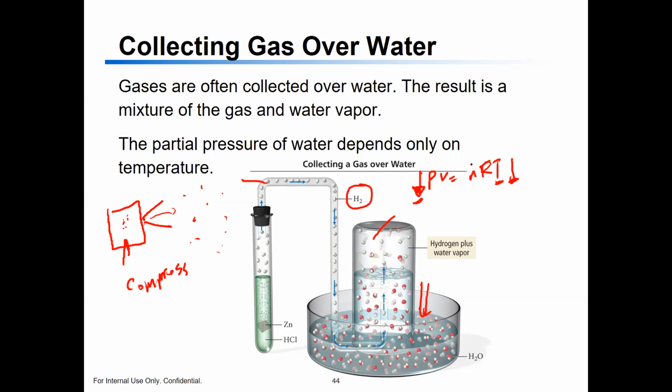Because n is a constant, you have the same number of moles, and R is a constant, so when pressure goes down, temperature is going to go down. So it's going to get cold when it gets released. So that's when you think about things getting cold: when it's compressed, and then when it gets released, that's when it becomes cold. Okay? Hopefully that makes sense.